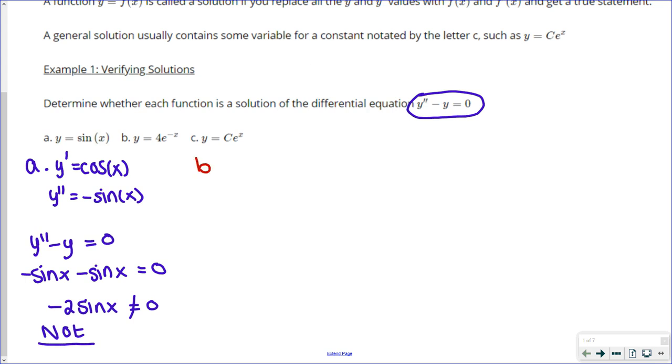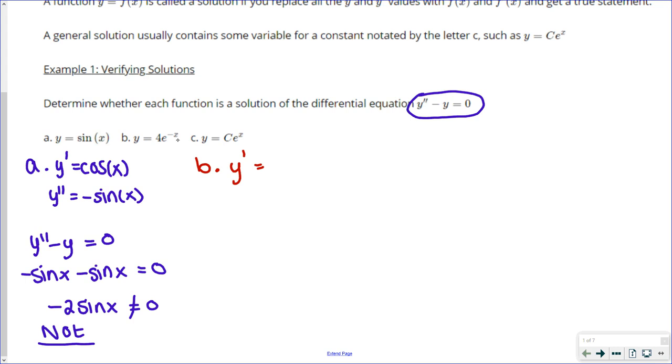B, y equals 4 e to the negative x. We want to take the derivative, so y prime equals the derivative of 4e to the negative x.